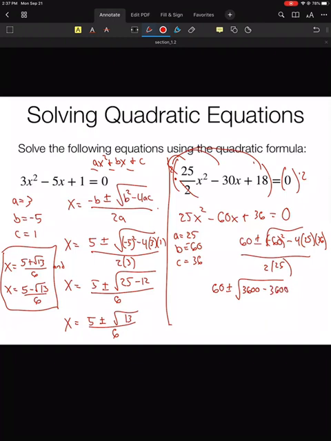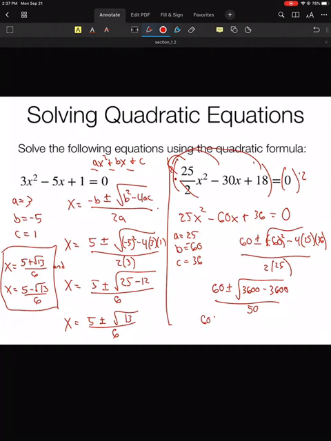So look at that, okay? So that tells us something there. b squared minus 4ac is equal to 0, which means I'm going to have one root that's repeated. All divided by 2 times 25, which is 50, okay? 3,600 minus 3,600 is 0, and the square root of 0 is 0.